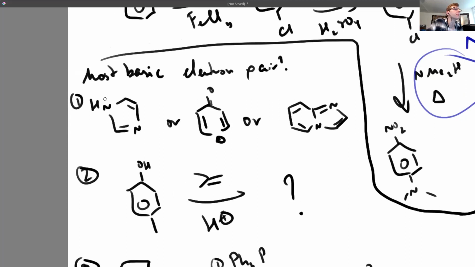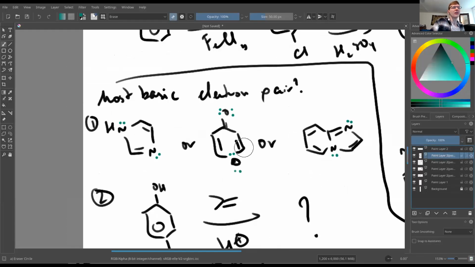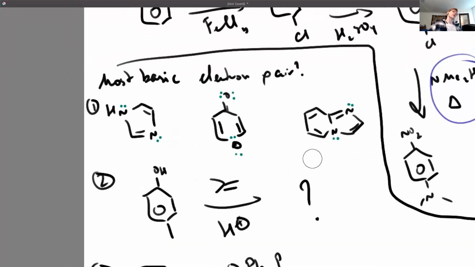We have electrons here, here, here, a pair here and a pair here. This is for each molecule. They're not asking you to compare. Okay, that makes more sense. Per molecule.